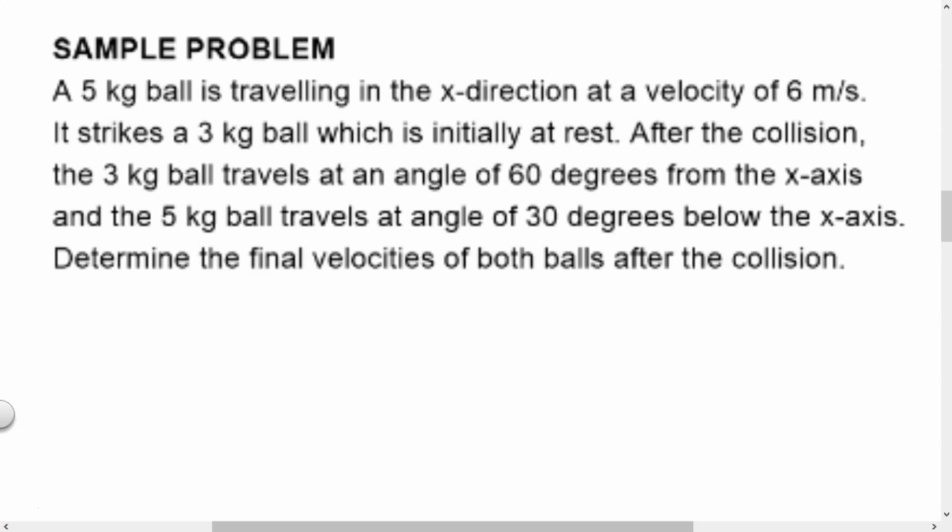Here's our sample problem. We've got a 5 kilogram ball that is travelling in the x direction with an initial velocity of 6 meters per second. It strikes a 3 kilogram ball, which is initially at rest.